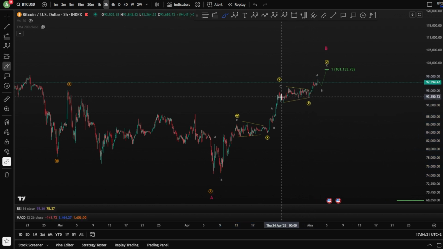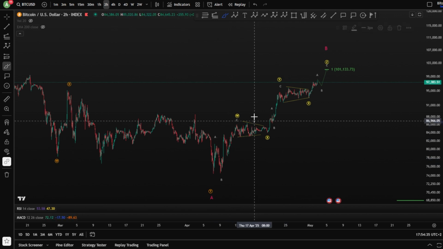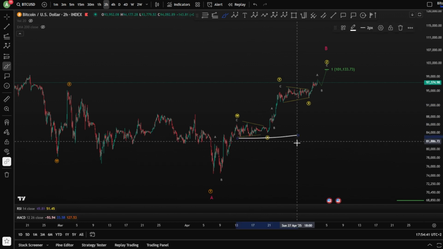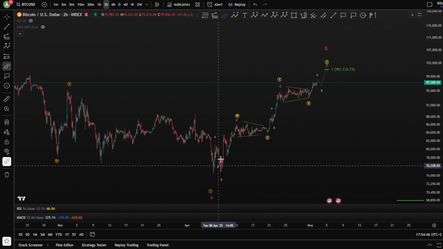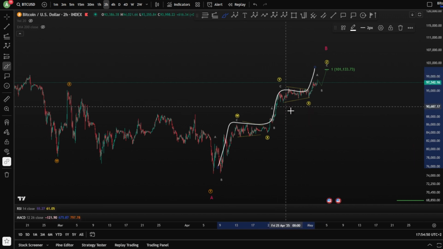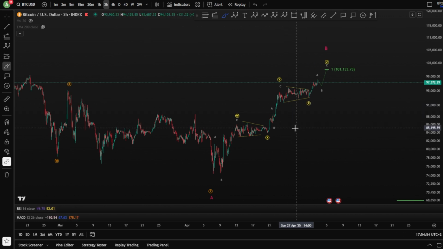This is double sideways in a triangle, in an impulse, with no alternation at all, and also both are not even hitting the 0.38. So that's insane. If this happened, that's not good for Elliott wave rules, and therefore this has broken the rules.